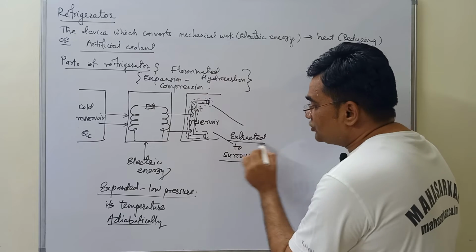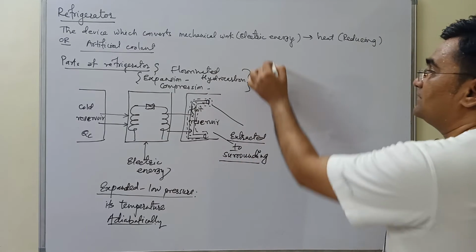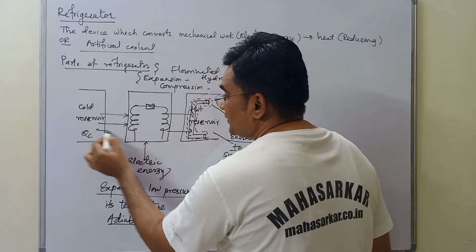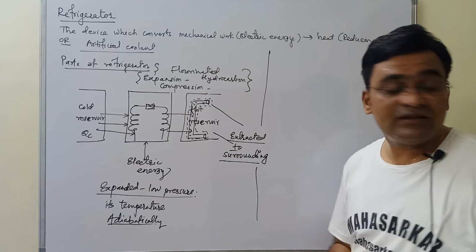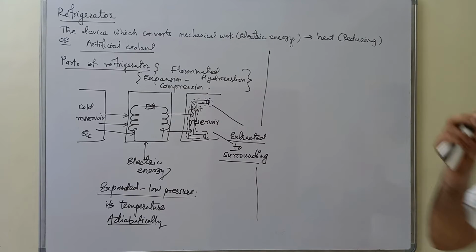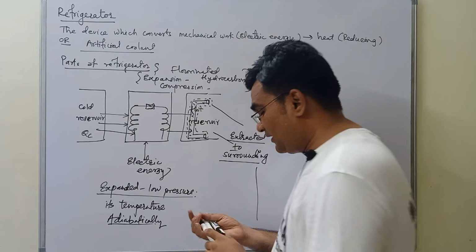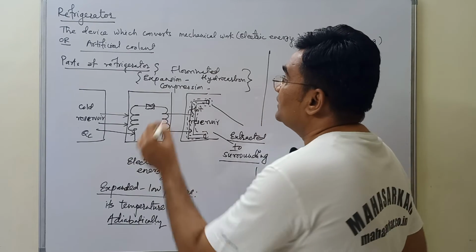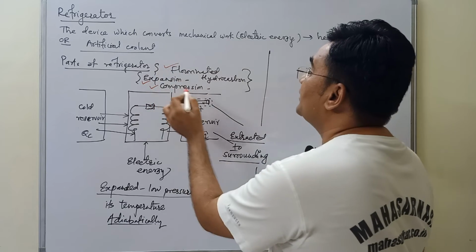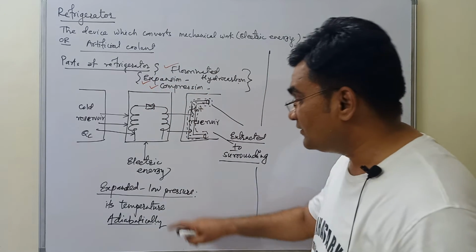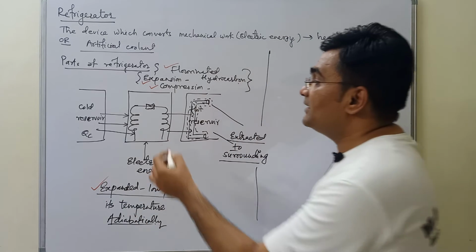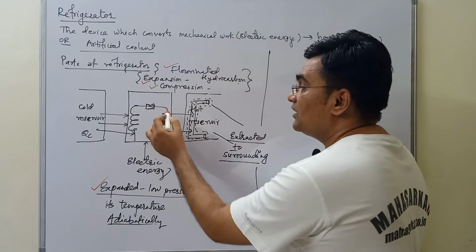So in short, how it works: the cold reservoir sends heat to the refrigerant using the valve. That heat is sent to the middle part, consisting of the adjustments of expansion, compression and fluorinated hydrocarbon as refrigerant. This gas gets expanded, then that expanded gas is sent to the compressor.